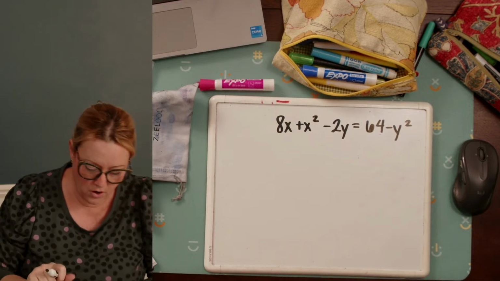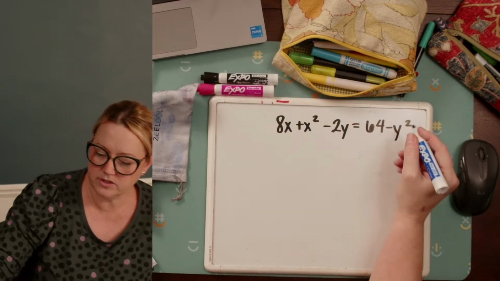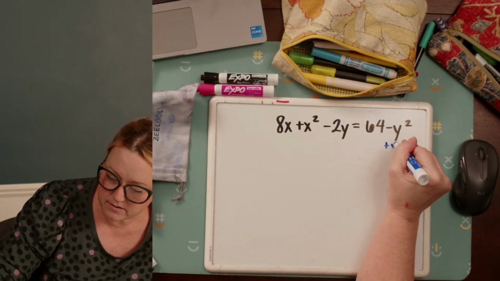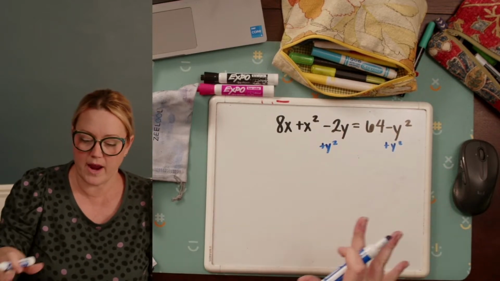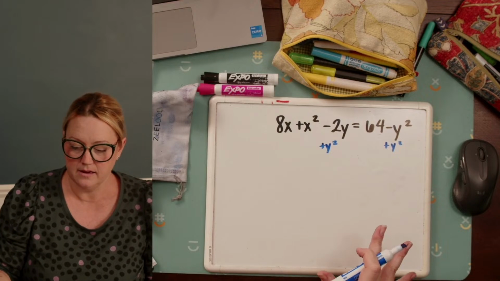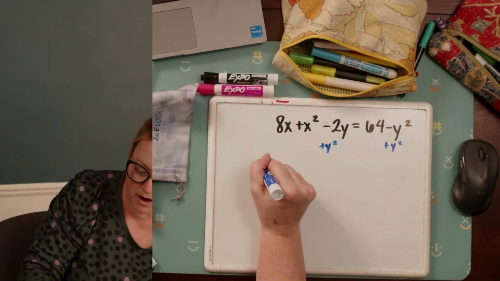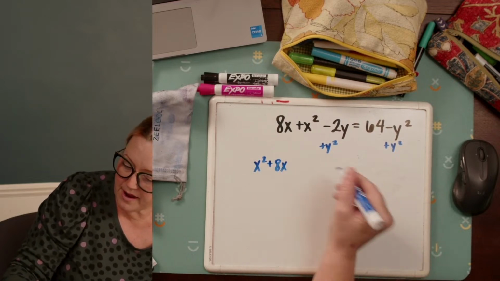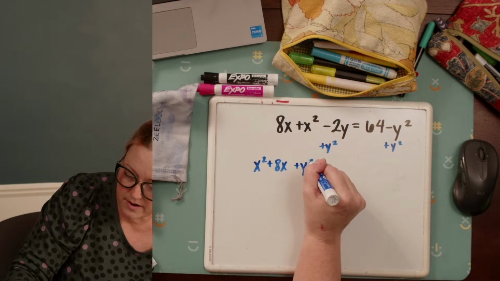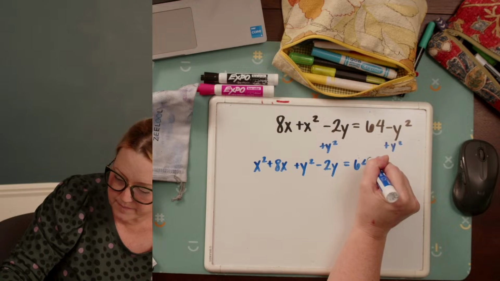So I'm going to add y squared here, and I'm going to rearrange all of my terms so that I've got x squared plus 8x here, and then y squared minus 2y here, and then I've got 64 here.